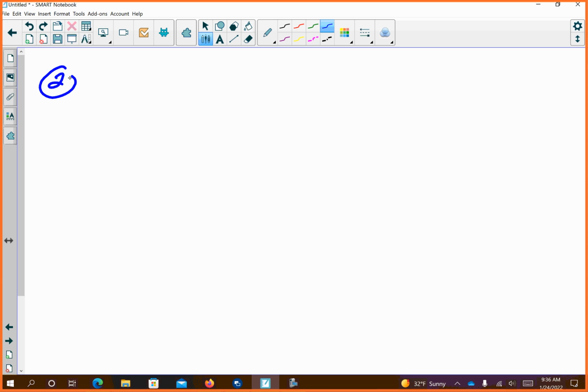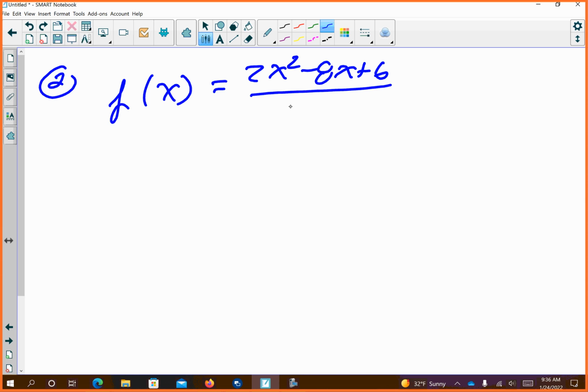Problem number 2, they give us this equation. Anytime you see two polynomials, like x squared, x cubed, whatever, what you want to do is factor them first.